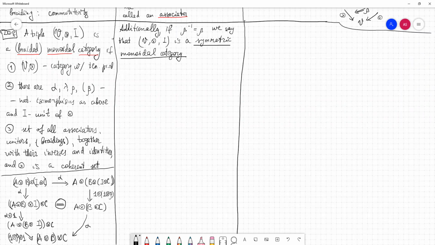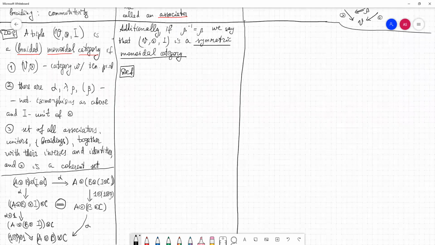Well, the last property that we need to look at is a case when we can not only multiply objects, but also, let's say, divide them. That's not precise, but in a certain way divide them.